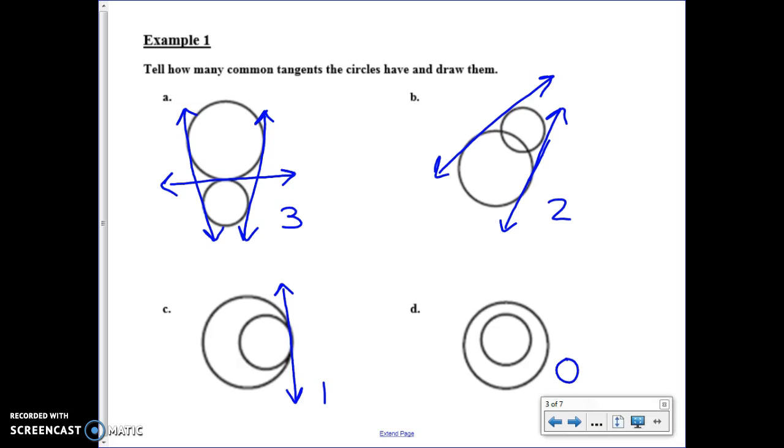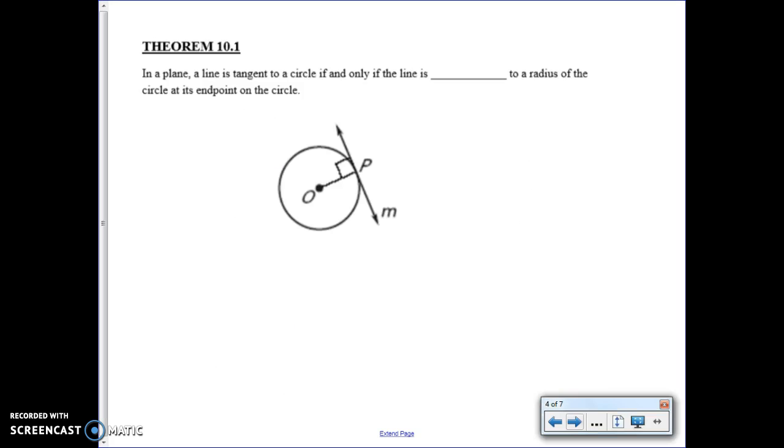Okay, in a plane, a line is tangent to a circle if and only if the line is perpendicular to a radius of the circle at its endpoint on the circle.